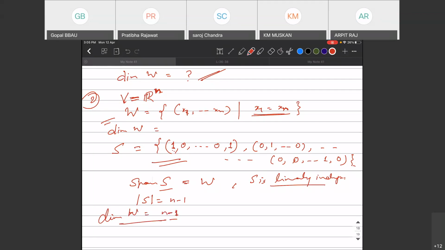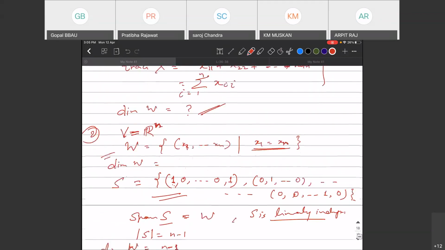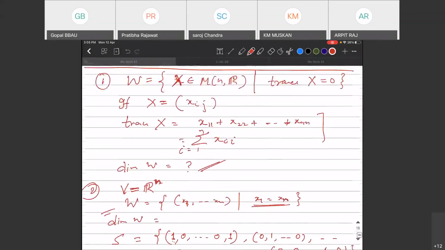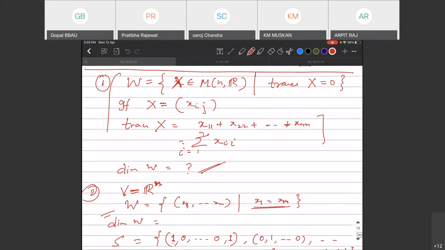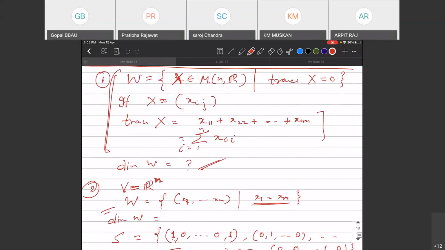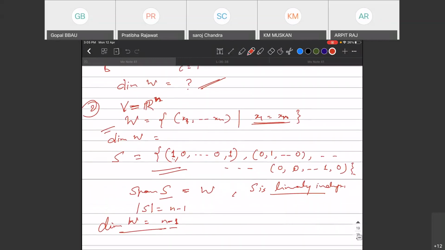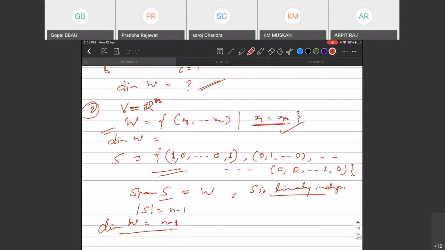Okay, let's generalize this, and then we will talk about the trace of a matrix. Here we have only one equation.